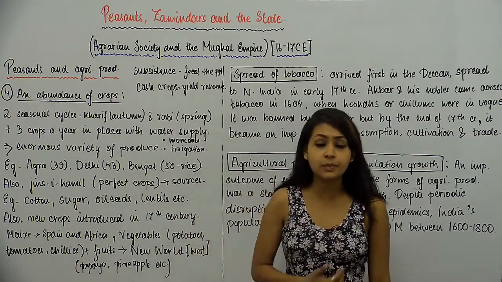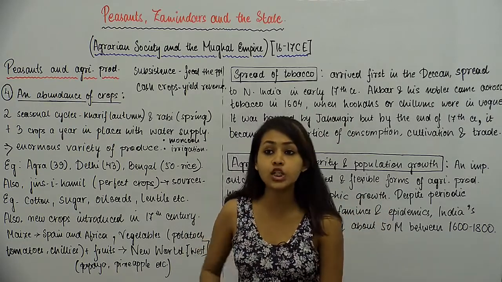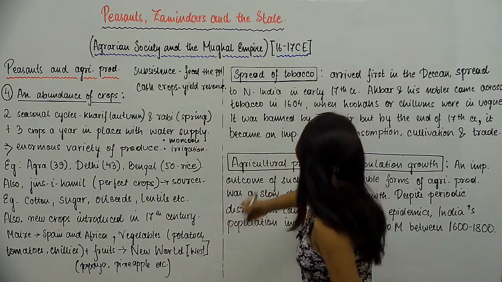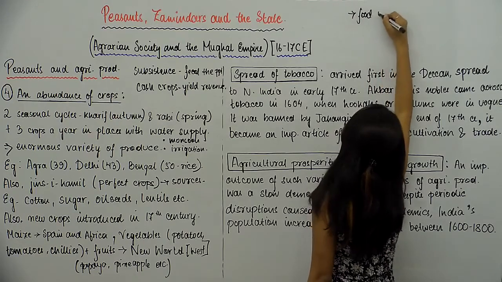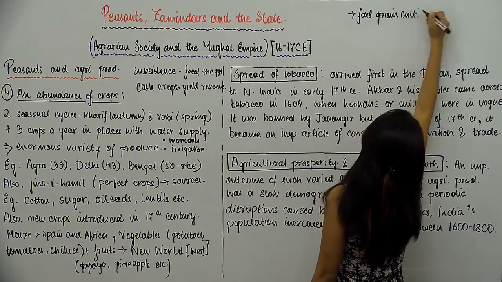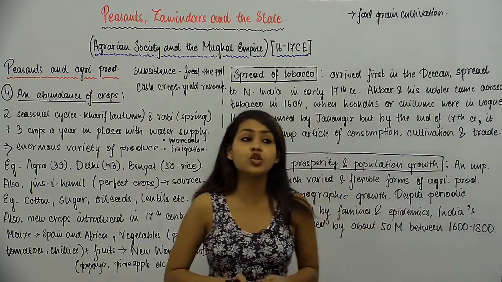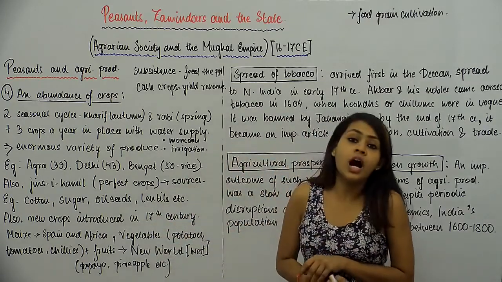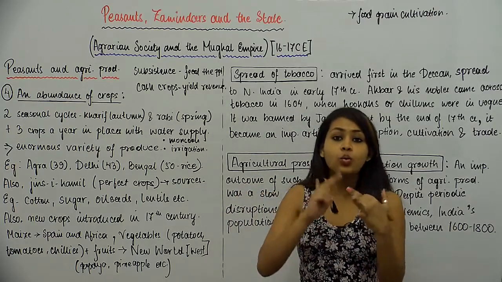Earlier, in our country there was only food grain cultivation, right? So earlier we used to have only food grain cultivation. If we refer to the previous videos and the earlier segments we discussed, we saw rice, wheat and millets.